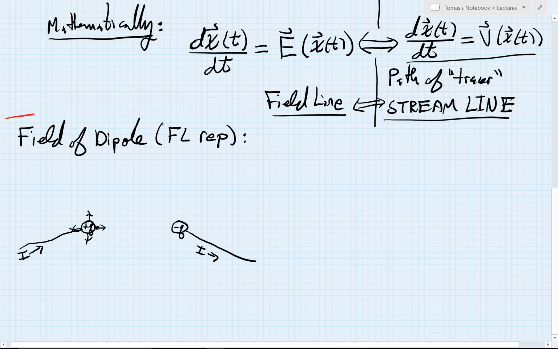Well, very clearly, it's being repulsed and ejected by my positive source, and it's going to be pulled into this negative source, sometimes called a sink, by the way, in fluid mechanics. So this tracer particle would simply go straight across from my positive source and get sucked into my negative source. And that, in fact, is our first correct field line.